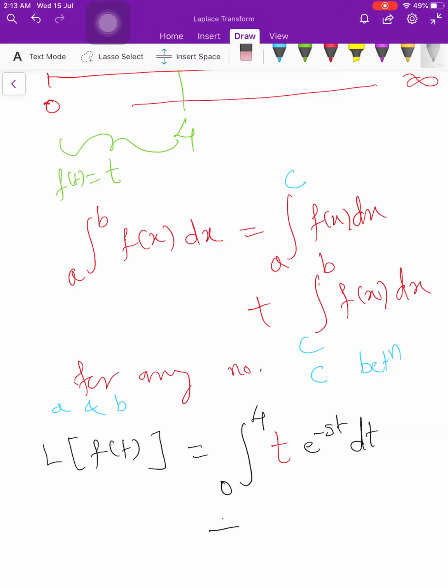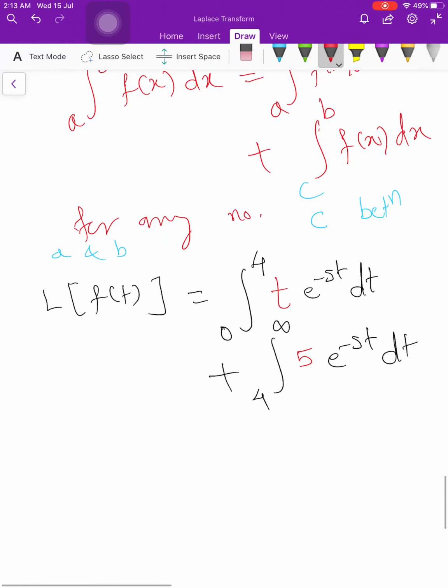Similarly your second integral is 4 to infinity, and between 4 to infinity we have to write down the function definition. It is 5.